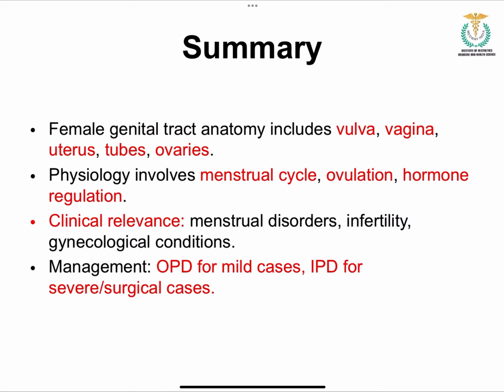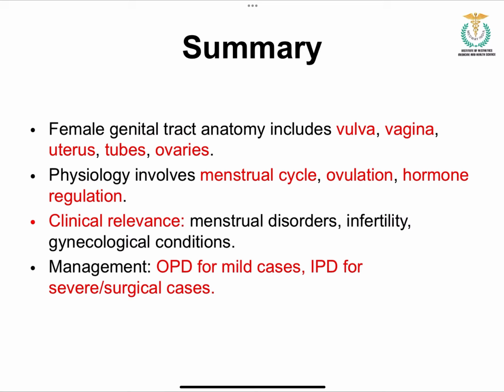Clinical relevance includes menstrual disorders, infertility, and gynecological conditions. Disorders can be managed in OPD, but severe cases requiring hospitalization or surgery should be done on an IPD basis only.